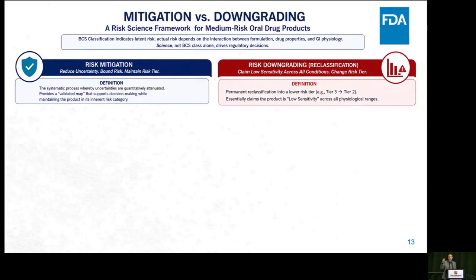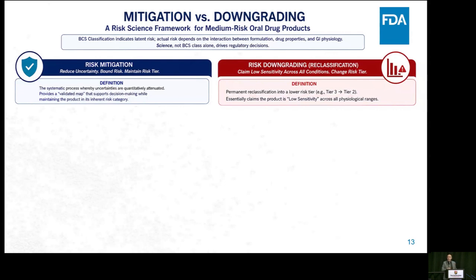For example, the initial risk was 9, then I put it down to 4, but not necessarily moving the drug product from one class to the other class. And this is what we mean by risk downgrading or reclassification.